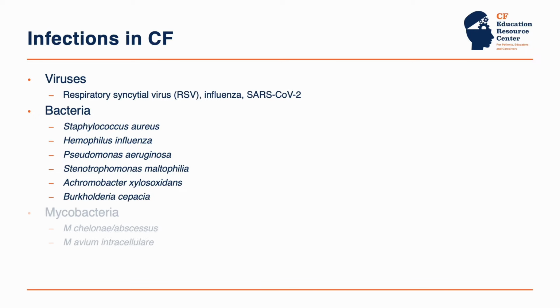Other pathogens or infections that we see in CF are mycobacteria. These are relatives of tuberculosis, and fungi like Aspergillus. And thankfully, there's been the development of treatment for many of these over time, knowing that we continue to have need for additional therapies.